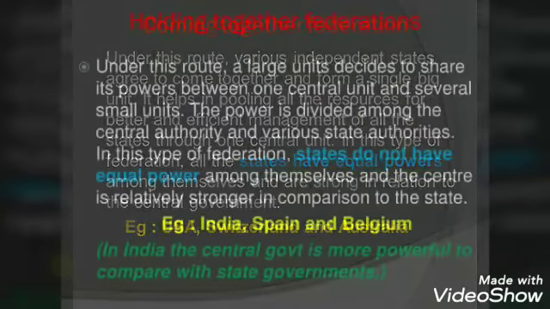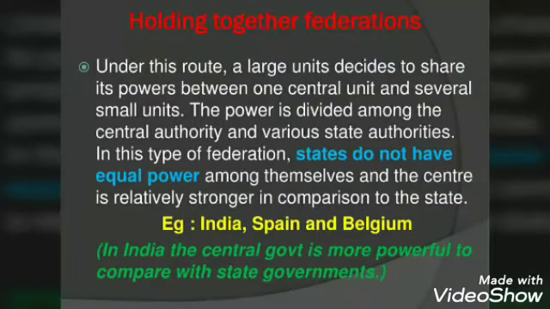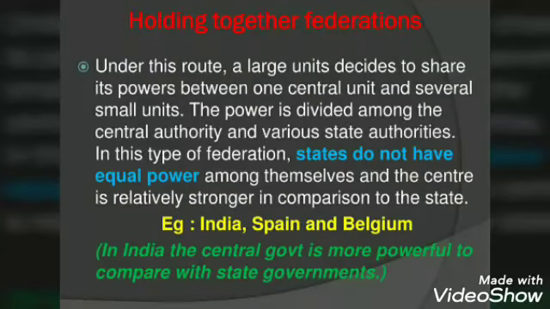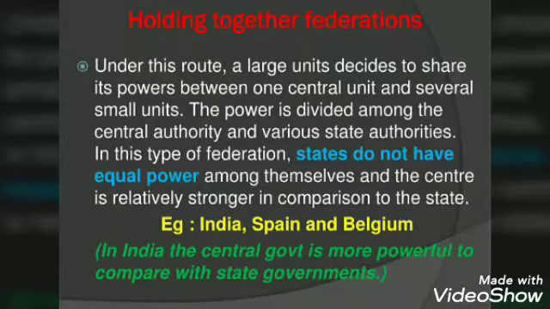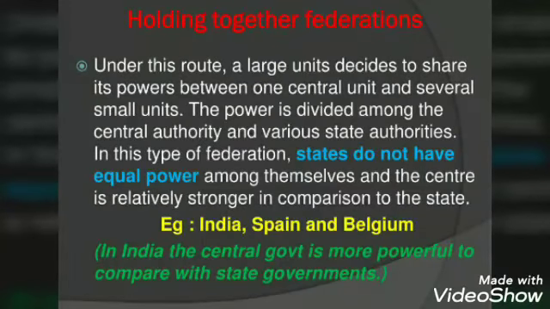Now the next is the holding together federation. When we talk about the holding together federation, a large country decides to divide its powers between the constituent states and the national government. That means in this category, the central government tends to be more powerful in comparison to the state government.